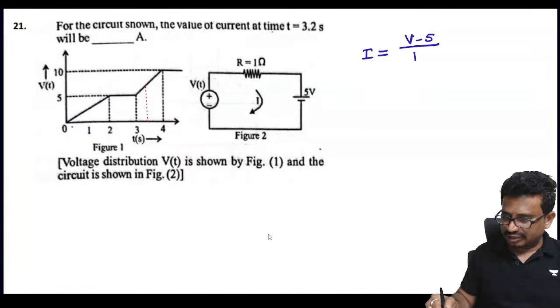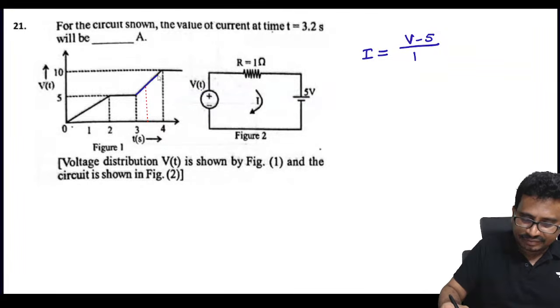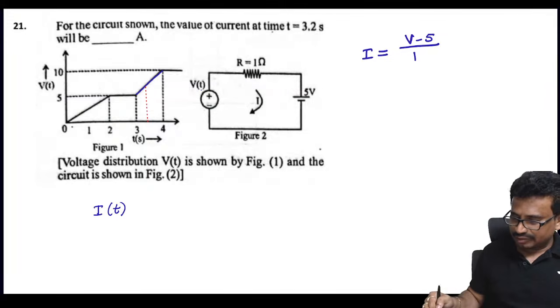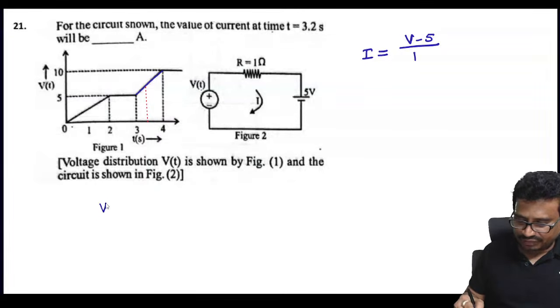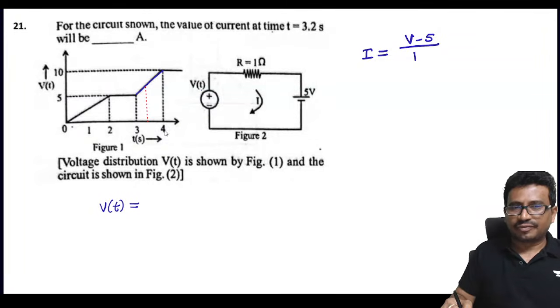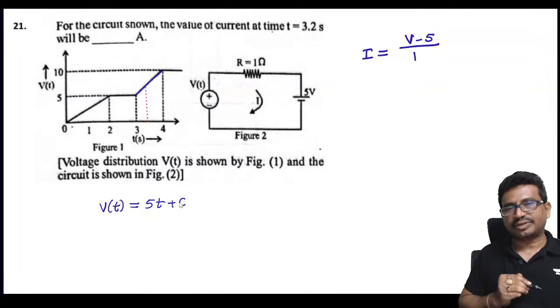Now if we see these points, the coordinates, we get a straight line, right? The equation is of the form y is equal to mx plus c. Here they have given v of t, so v of t will be y is equal to mx, where m is the slope. The slope is 10 minus 5 by 4 minus 3, so it is 5. So 5t plus some c, a constant.